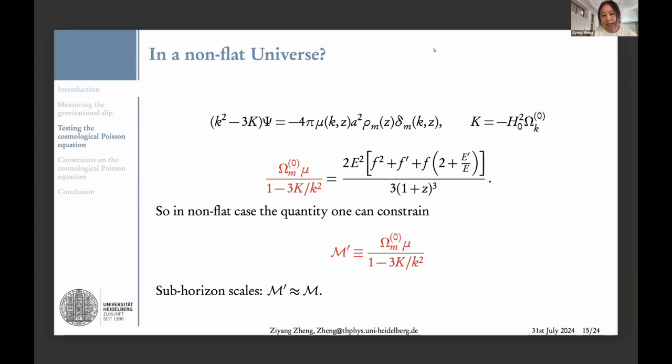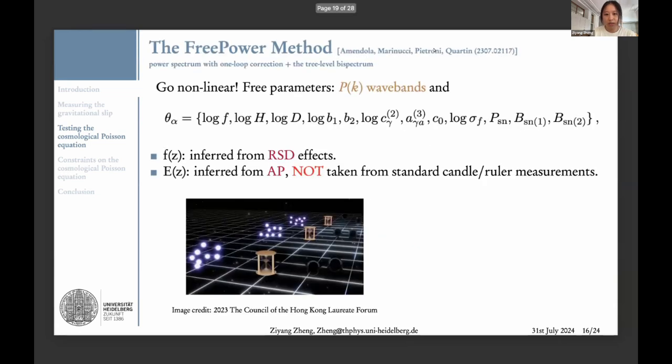And what one can isolate is this new combination of parameters. But if we consider only sub-horizon scales, this M prime goes back to M. So this means at sub-horizon scales, this M is valid for both flat and non-flat universes.